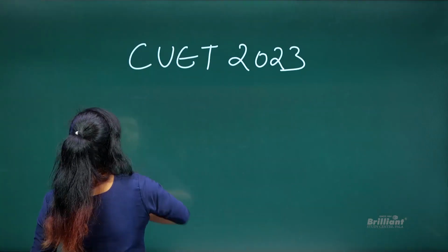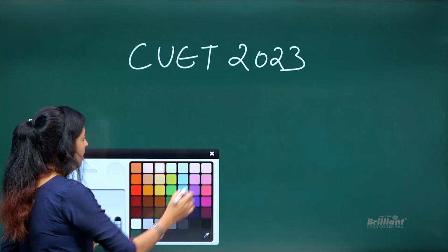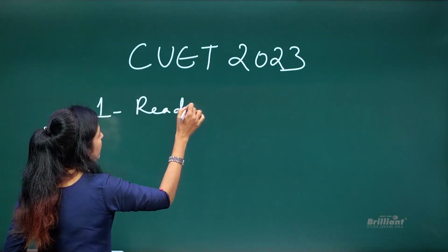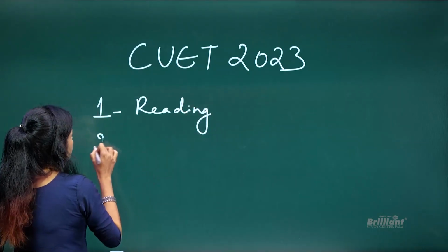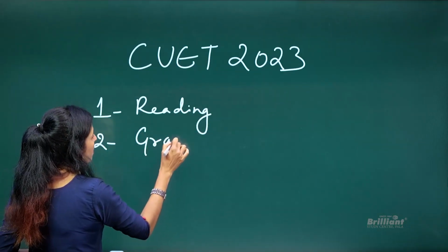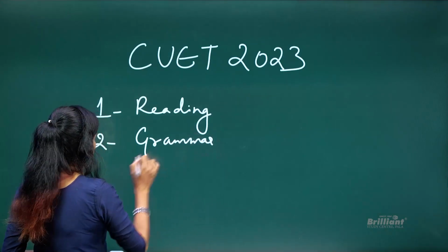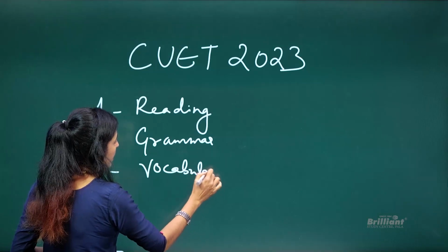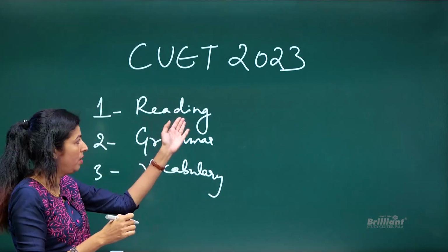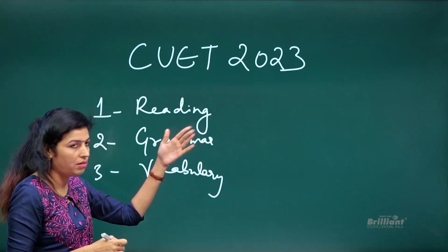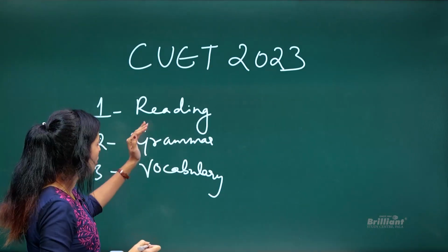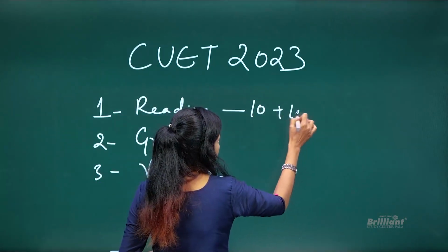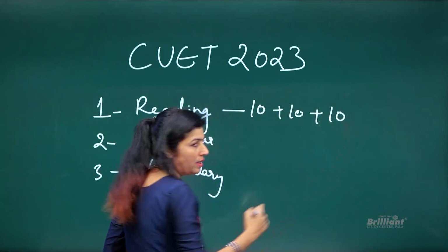In short, what we have is, first reading, where we have 3 passages, then second grammar, and third vocabulary. And we have seen the subdivisions also, verbal ability, then rearranging of parts, etc. So reading itself will have 10 plus 10 plus 10 questions, total 30 questions.